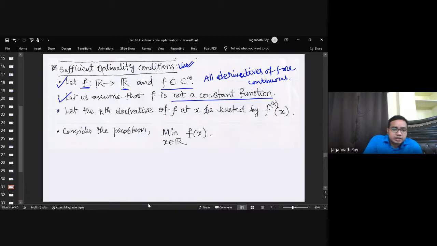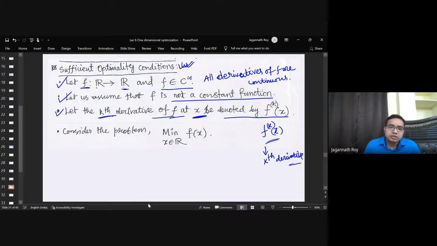And then let the kth derivative of f at the point x be denoted by f to the power k of x. Then consider the problem: minimize over x belonging to R, f of x.